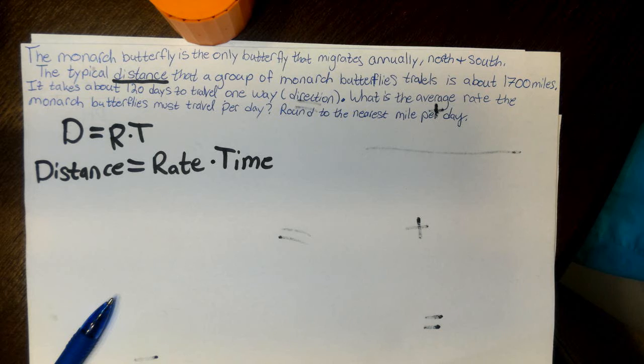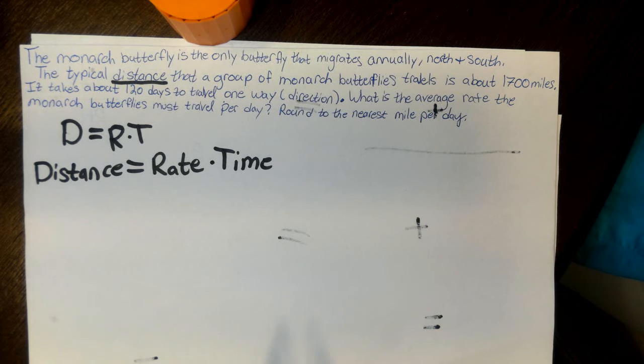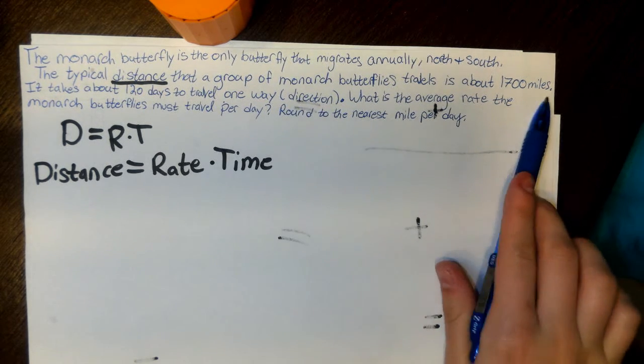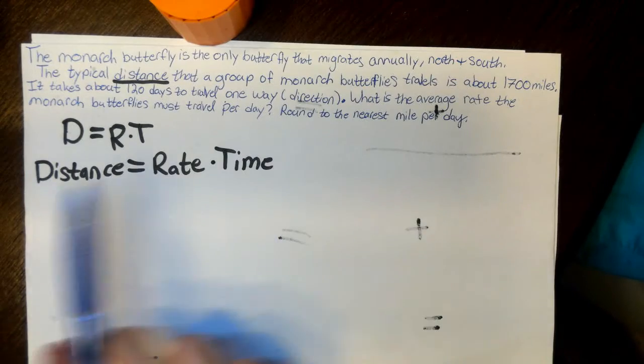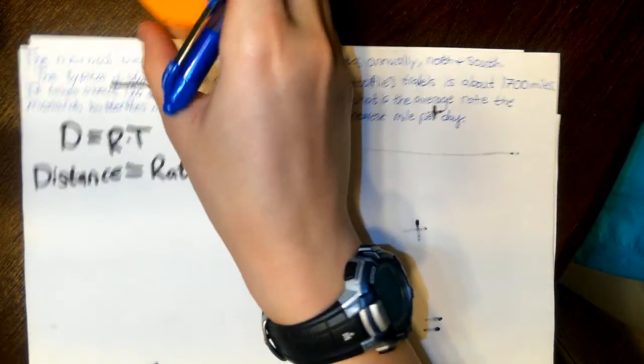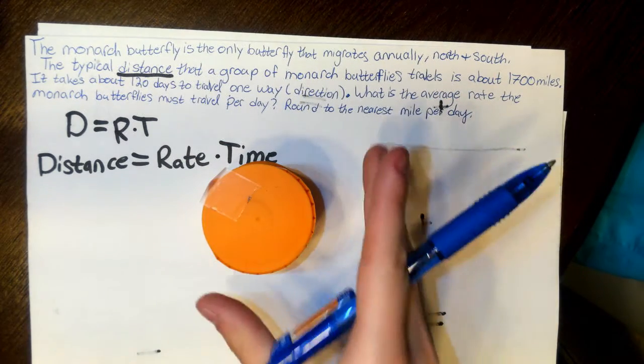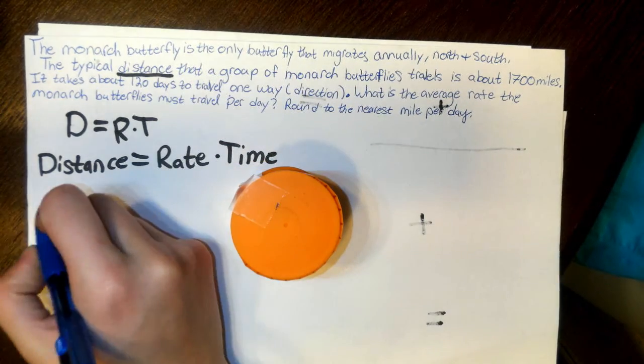The important information: we have 1,700 miles. That is the total distance. So we're going to use the orange cylinder to represent D.